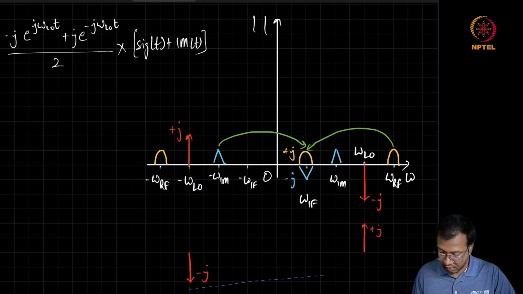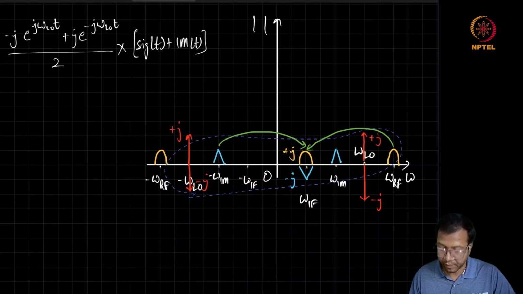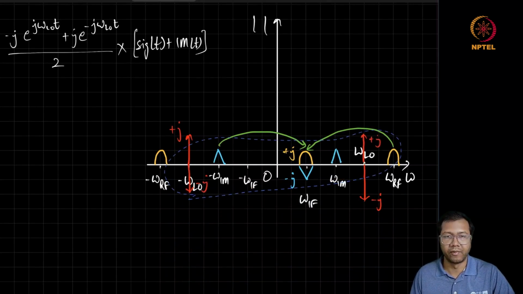Similarly, if we move on the left side, we can see that the positive frequency component of image is multiplied with plus j, whereas the negative frequency component of desired signal is getting multiplied with minus j.